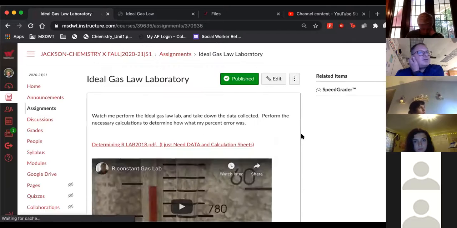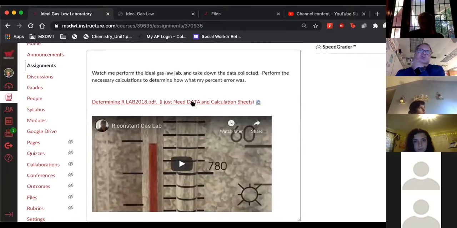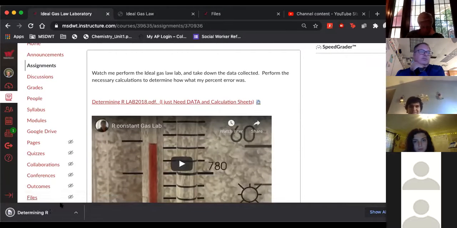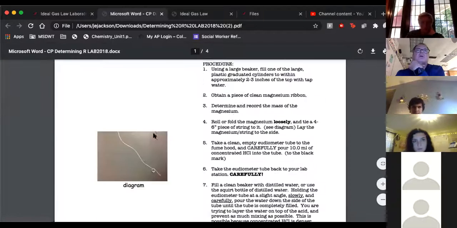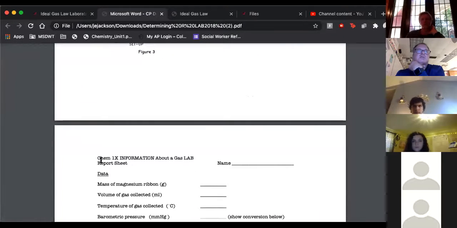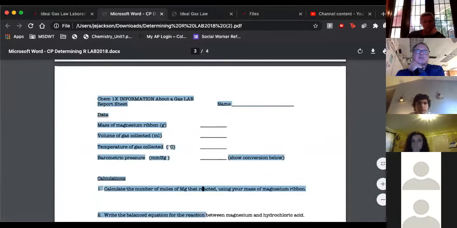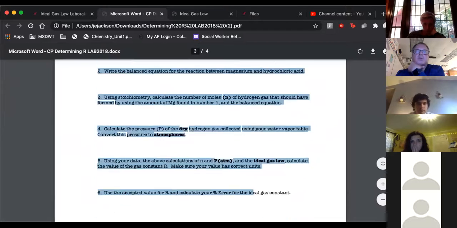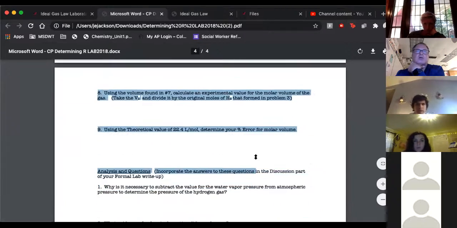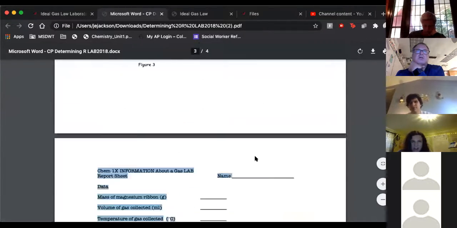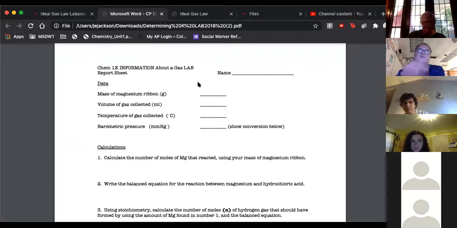What you're going to do is very similar to your other labs that we've done. You'll download it. All I need are these 2 sheets. So if you copy and paste this onto an assignment, or if you're doing the printout and then writing on it, all I need are those 2 sheets. I don't need the procedure. I just wanted you to have the procedure so you could look at it.